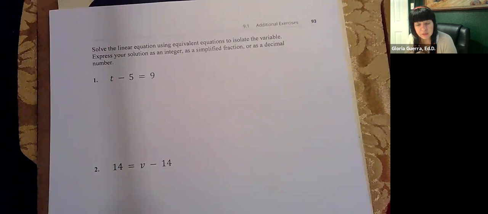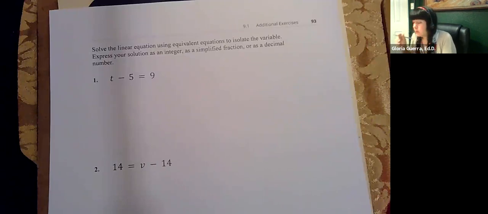Express your solution as either an integer or a simplified fraction. So this has to be reduced or simplified, right? Or a decimal number. Usually we just leave decimals if the problem starts off with decimals or if the problem is an application.